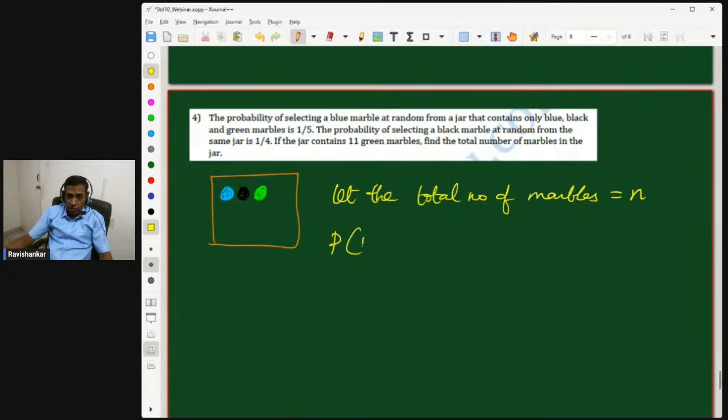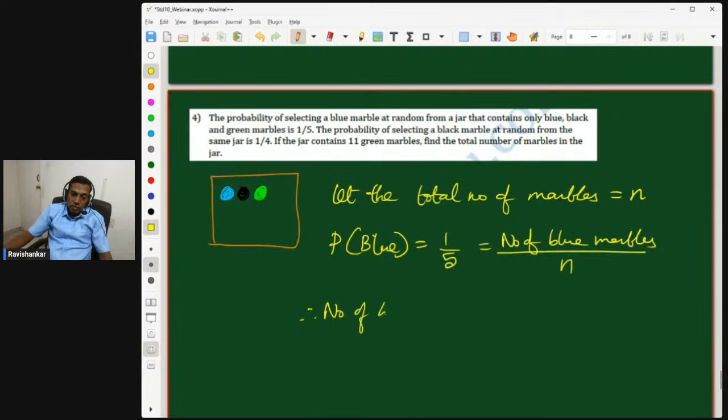Now P of blue is equal to 1 by 5. So 1 by 5 is equal to number of blue marbles by n. So number of blue marbles is n by 5.